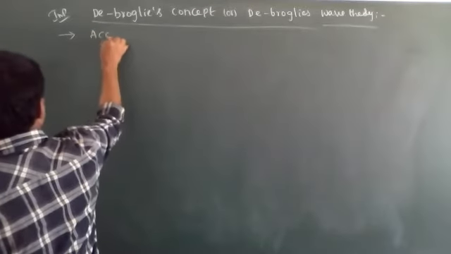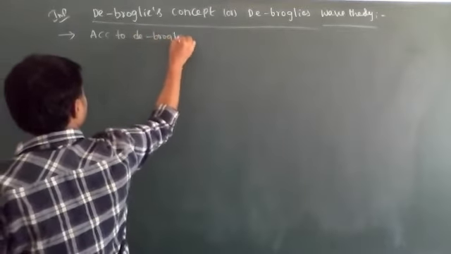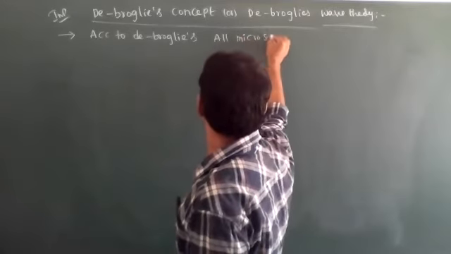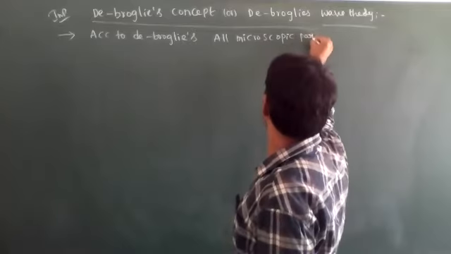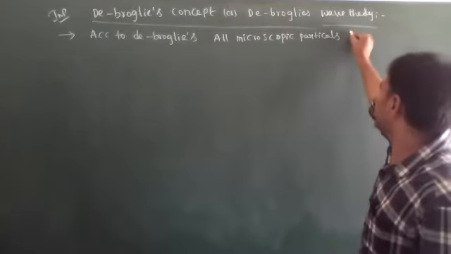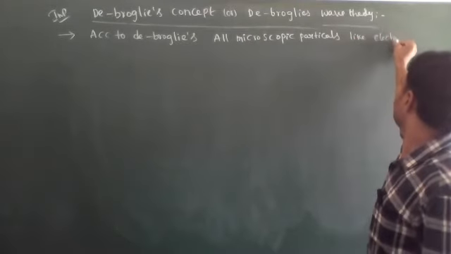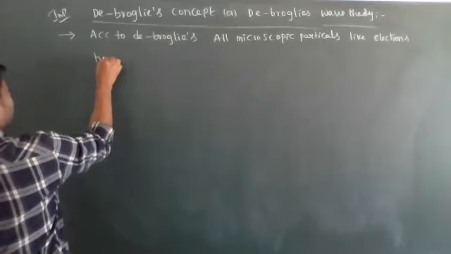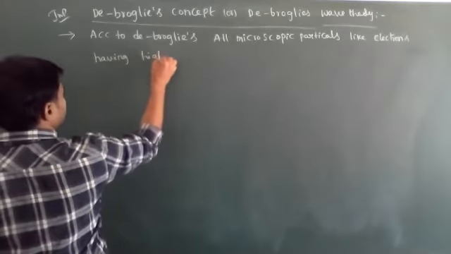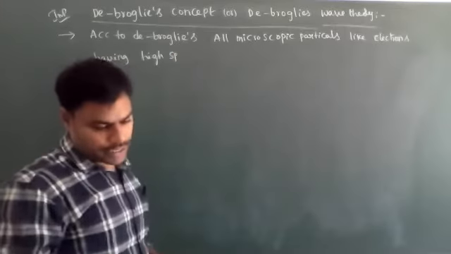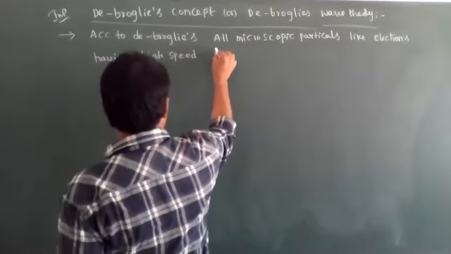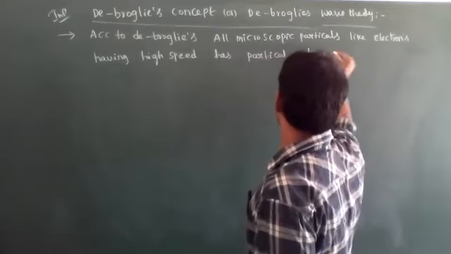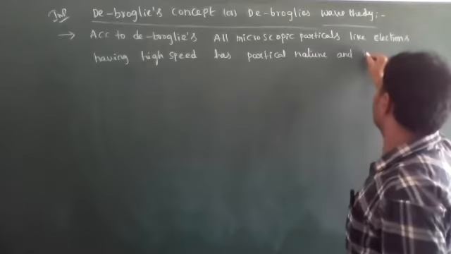According to de Broglie, all microscopic particles like electrons, having high speed, have particle nature and wave nature.